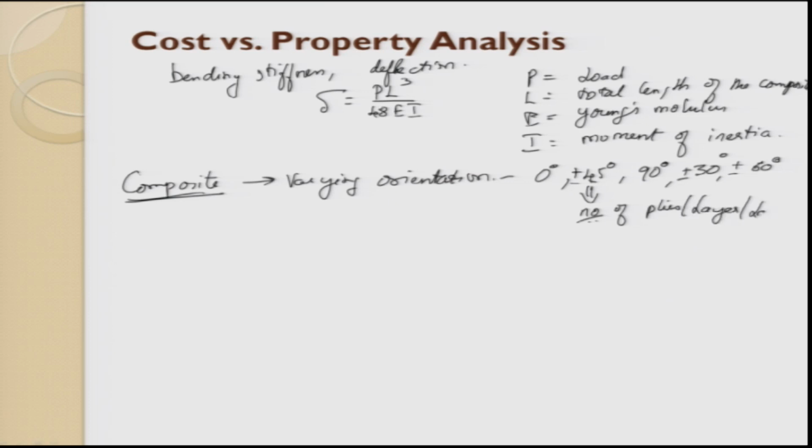What is a layer? Number of laminae. So let us assume there is a composite made out of plus minus 45 degrees, and we use 12 layers for construction.